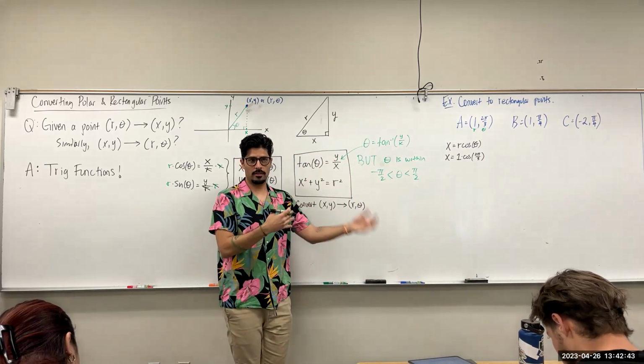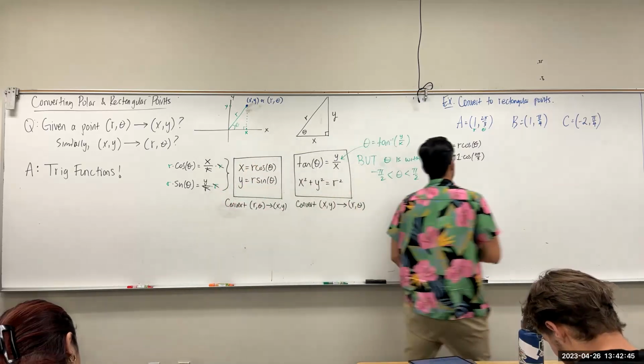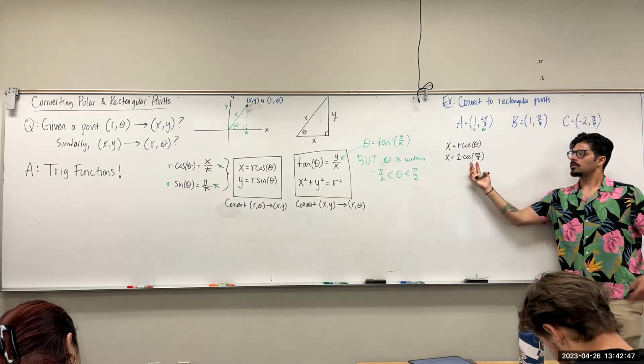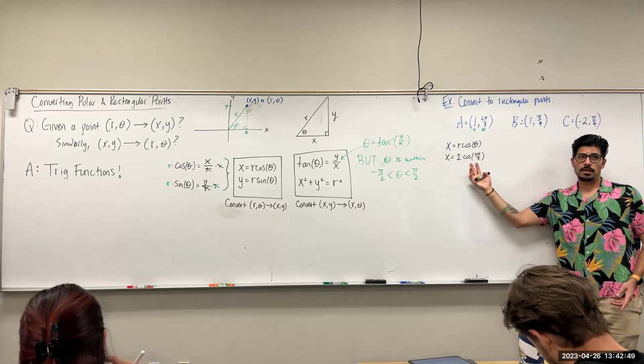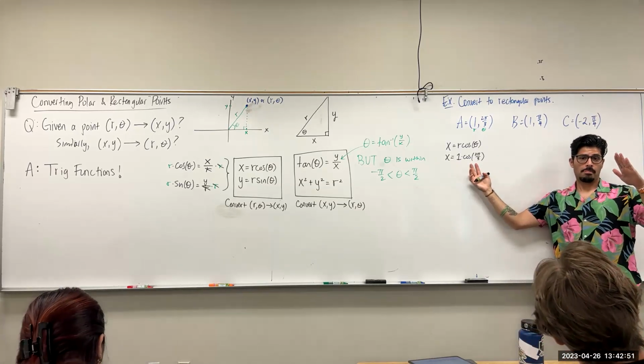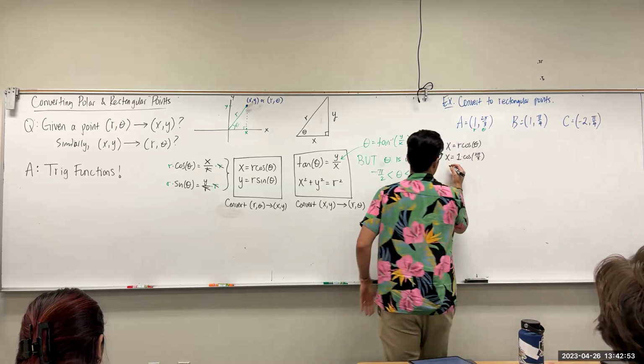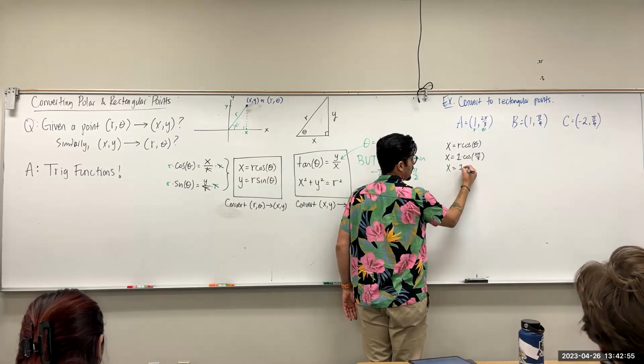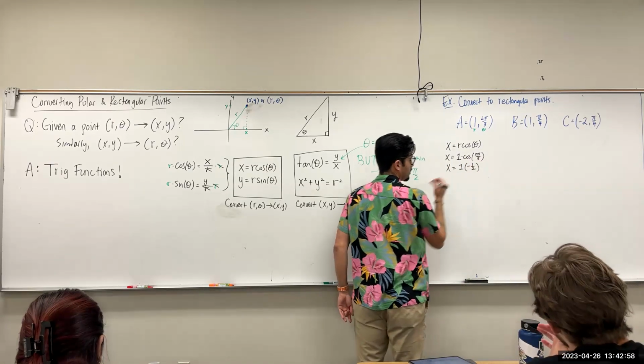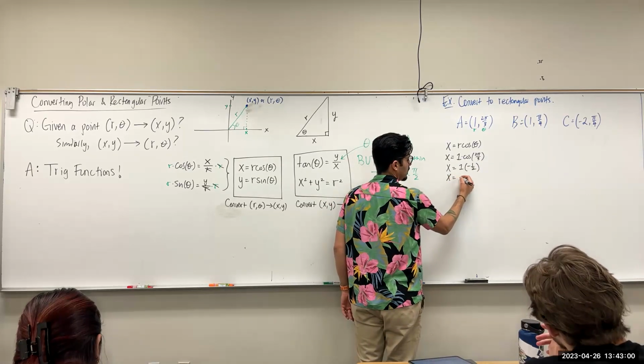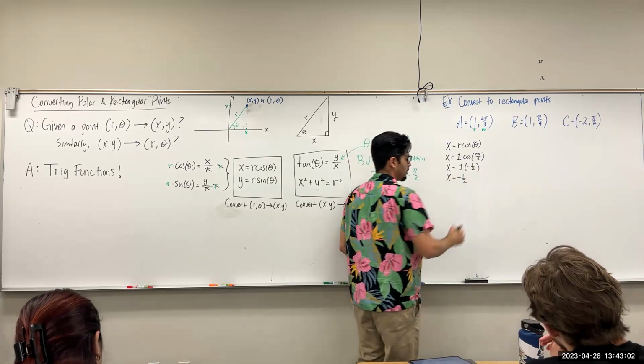Now you have to use all the stuff you learned in the previous sections. What's cosine of 2 pi over 3? Negative 1/2. So that x coordinate would be negative 1/2.